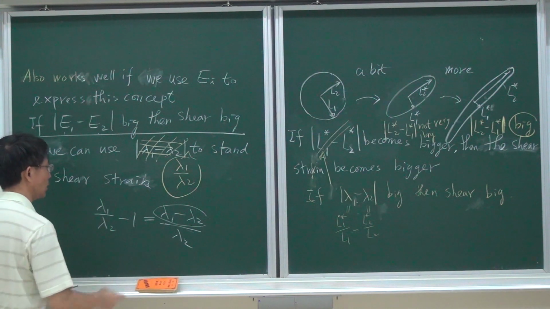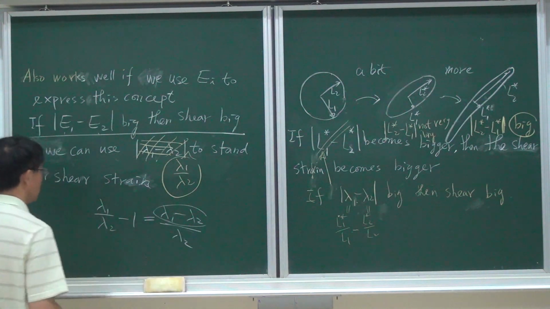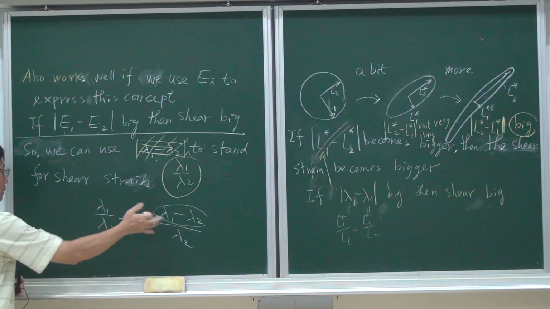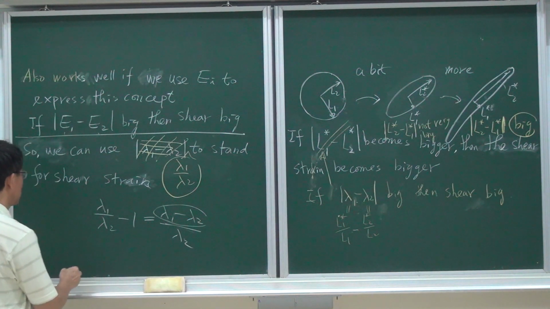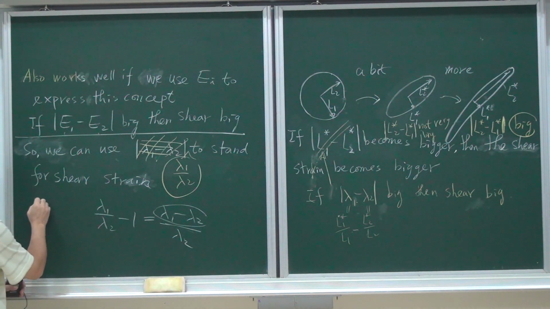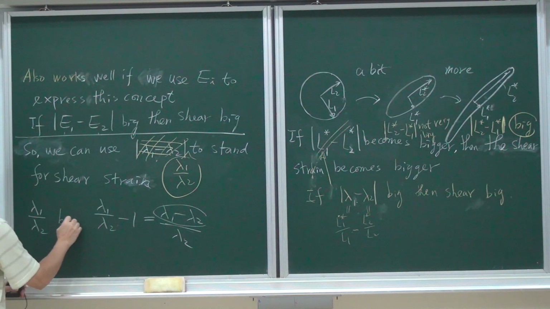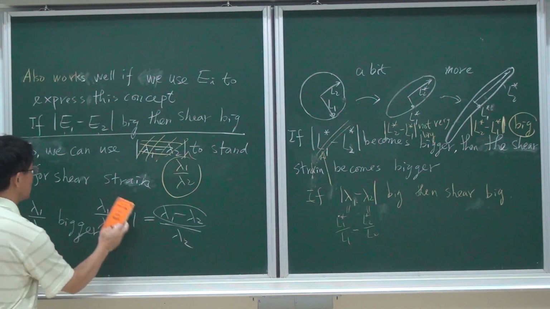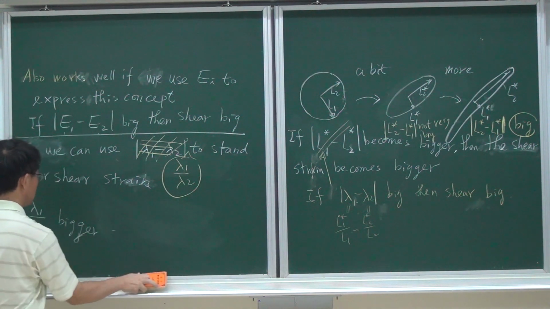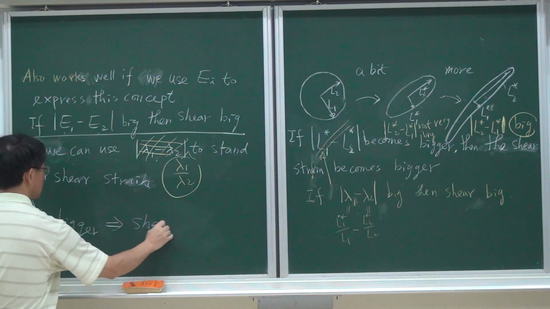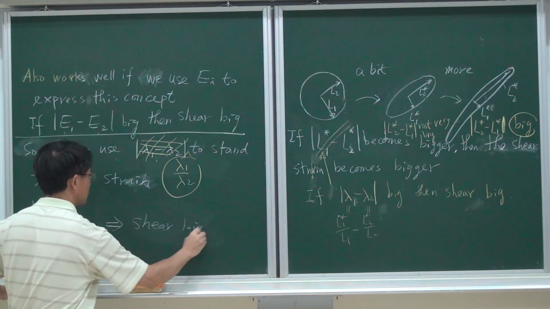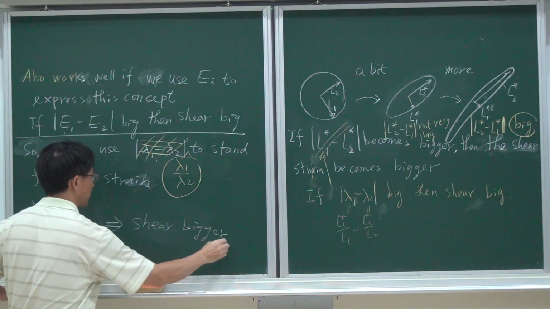So this is the shear strain, only affected a little bit by the principal value in the different direction. So what it means that lambda 1, lambda 2 ratio bigger than 1, shear bigger, right?